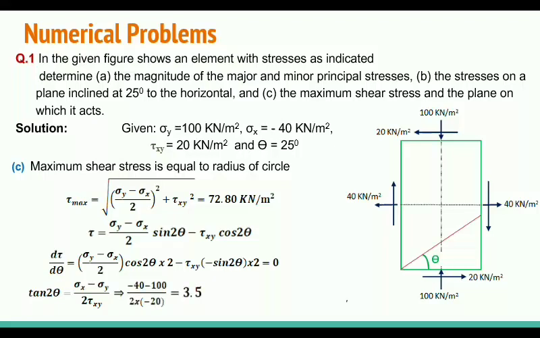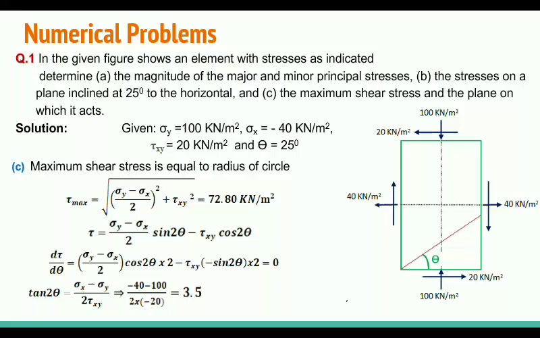See, this is the angle for the maximum shear stress. This formula, tan 2 theta is equal to sigma x minus sigma y divided by 2 tau xy, is not related to this question only. This is valid everywhere, right?